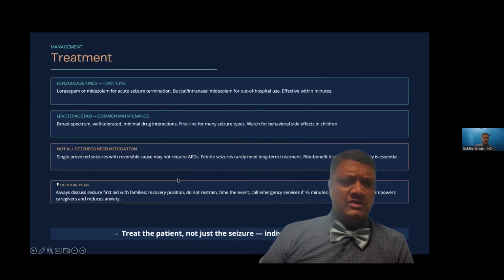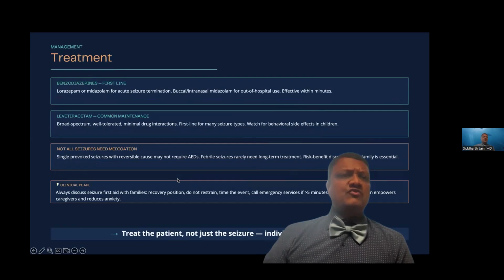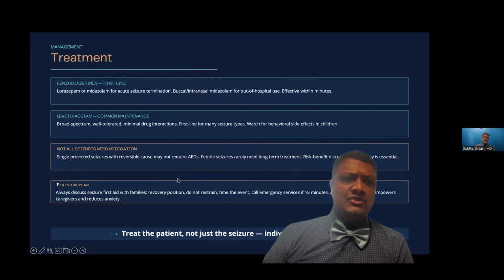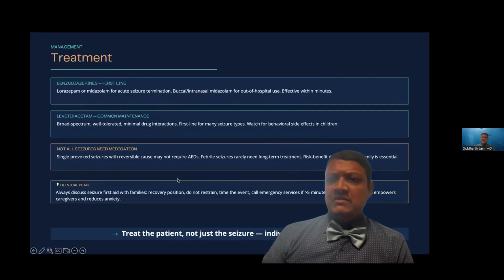This presentation is not focused a lot on treatment, but just briefly mentioning, of course, benzodiazepines are the first-line treatment for acute prolonged seizures and status epilepticus, used as rescue medications for out-of-hospital seizures. Common medications you will see being used are levetiracetam, lamotrigine, or oxcarbazepine.